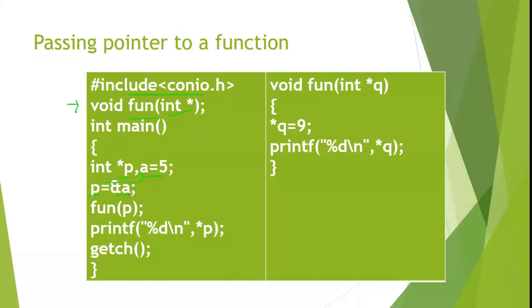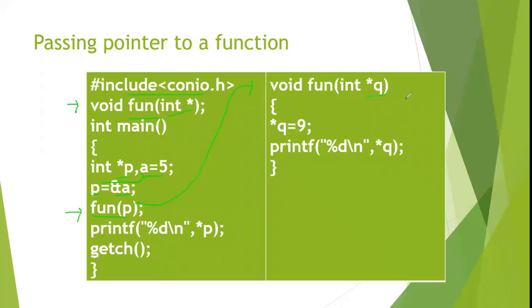Function p. So I've created a function call with p. What is this? It means I'm calling a function, right? And that function is the one created here. As soon as my compiler runs the statement, the control goes to the function. Now this function is taking an argument as pointer q, right?